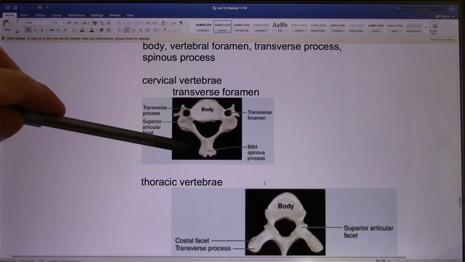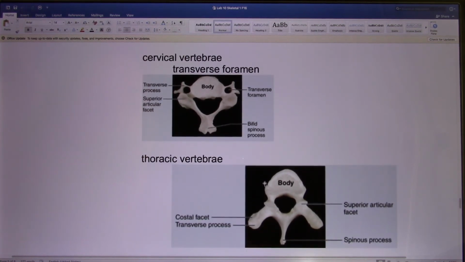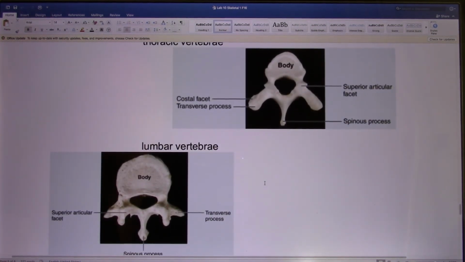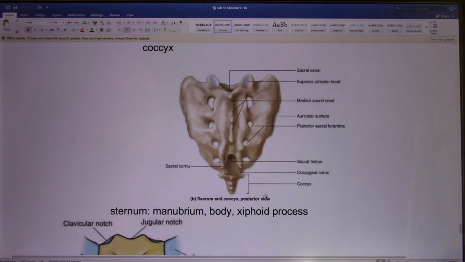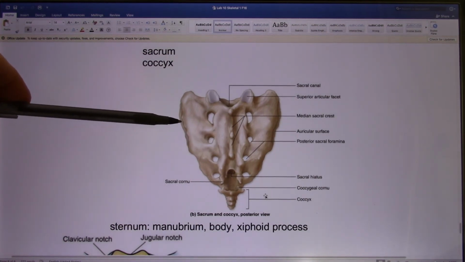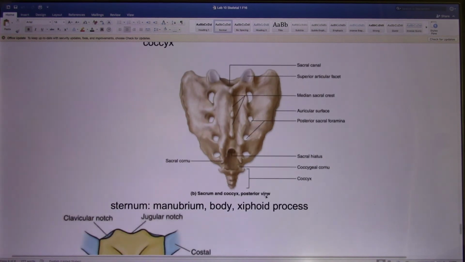In every vertebra you can find it and feel it. You also need to be able to identify the difference. I'll give you one SQ asking whether it is from the cervical, thoracic, or lumbar region. In class, we talked about the difference. If I give you this one, it will be very easy because there's a sacrum. The sacrum is 5 bones fused together, and this is the coccyx.